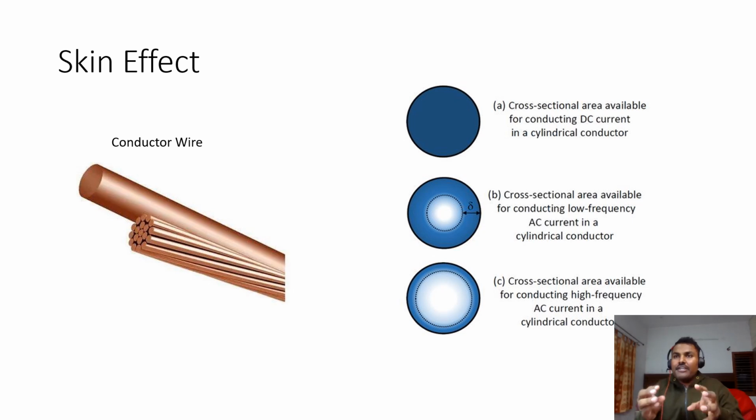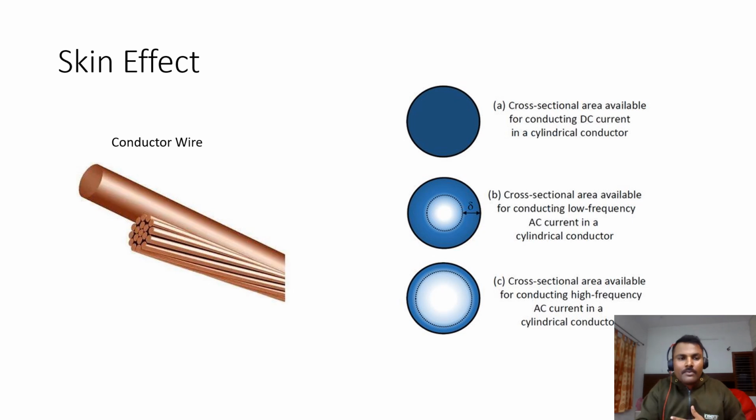If we feed a lower frequency AC current, the depth increases from the top surface toward the middle of the cross section, which allows the current to flow. If the frequency is very high, current flows only at the edges of the cross section. This is the concept of the skin effect.